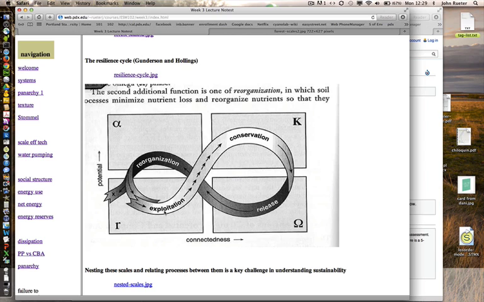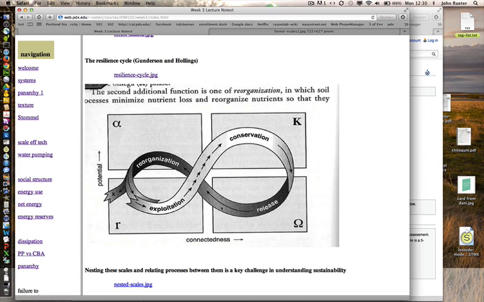So during this exploitation phase, the forest is growing very rapidly. Then it moves into the conservation phase. This is when it gets near the carrying capacity, slowing its growth, increasing the connectedness, slowing the potential for new growth because it's really reached its carrying capacity. Then some disturbance comes along, like a forest fire, which releases a lot of the nutrients and decreases the connectedness.